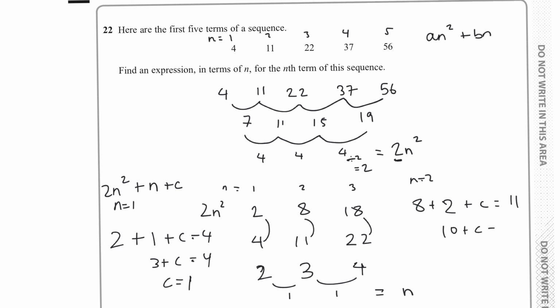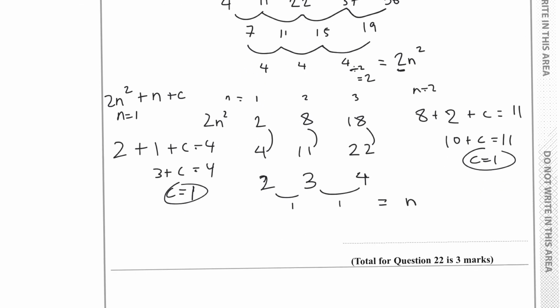So 10 plus c is equal to 11. So c would be equal to 1. Because both of the c values are 1, you know your equation is right so far. So then the final answer would be 2n squared plus n plus 1, because our c value is 1.